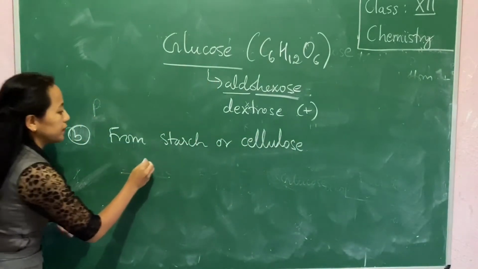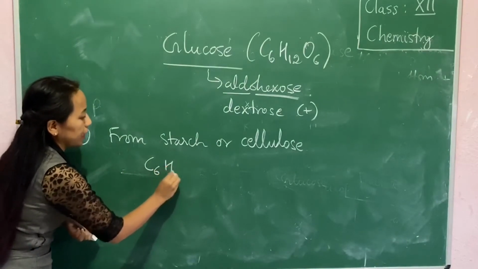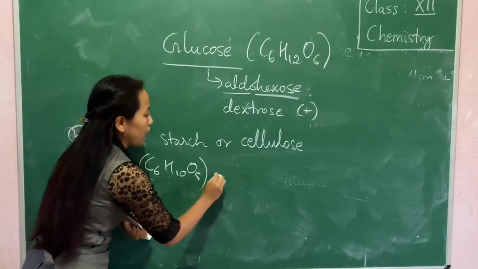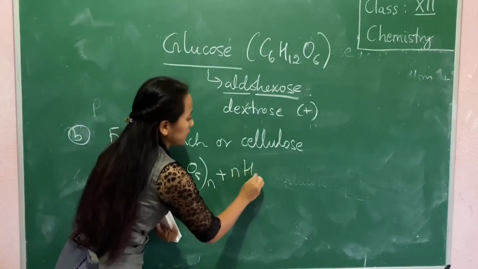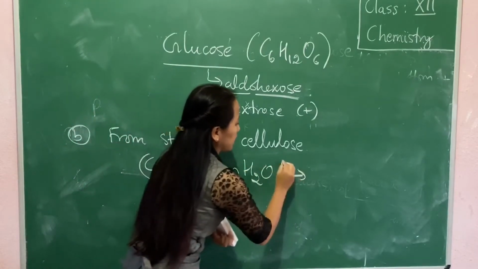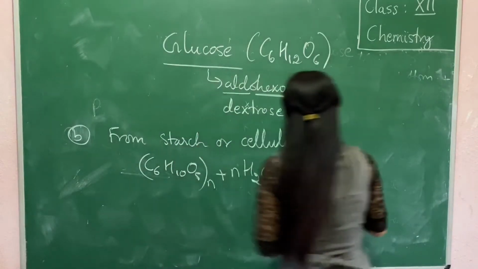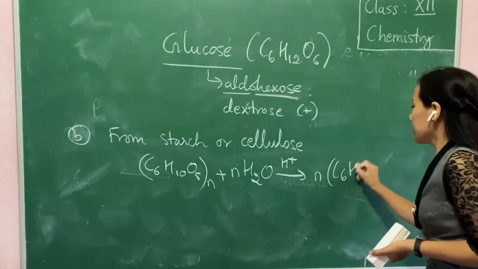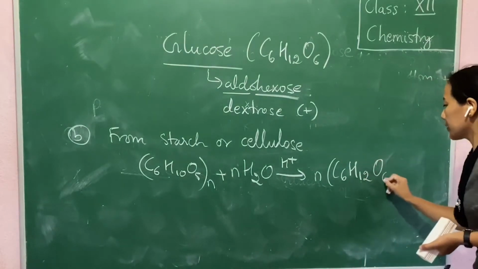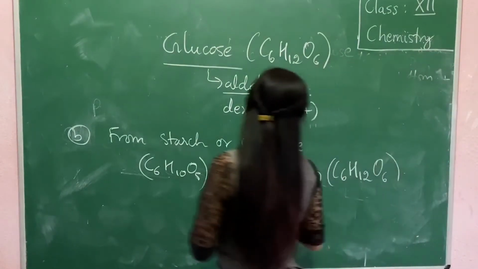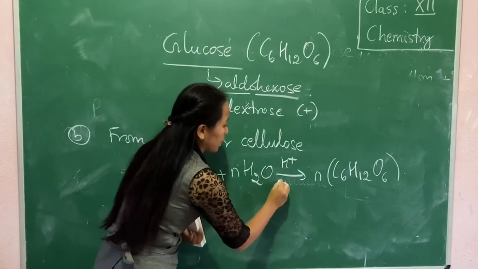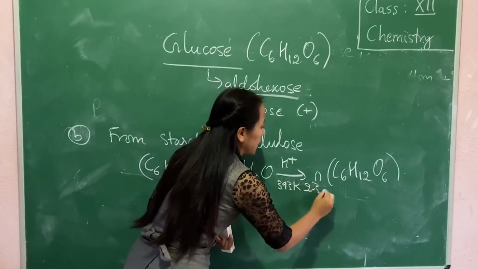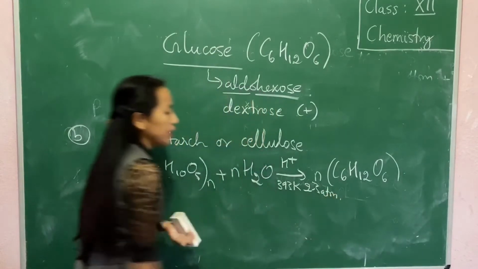The general formula of starch is (C6H10O5)n, on acidic hydrolysis you get n number of glucose, C6H12O6. Now this is done at the temperature of 393 Kelvin and a pressure of 2 to 3 atmospheres.